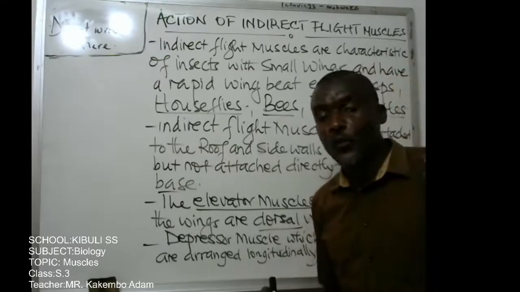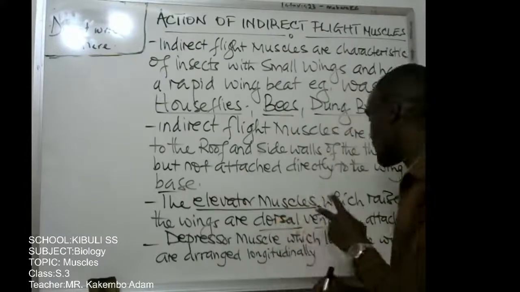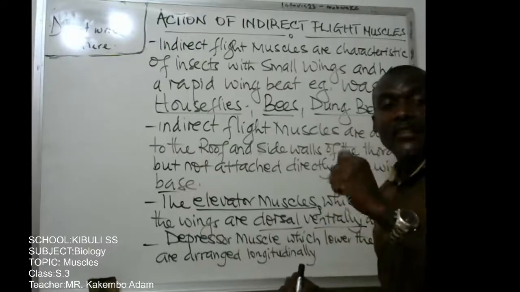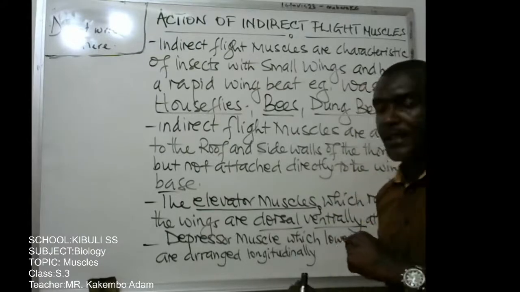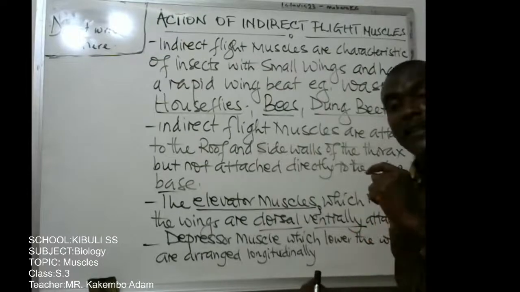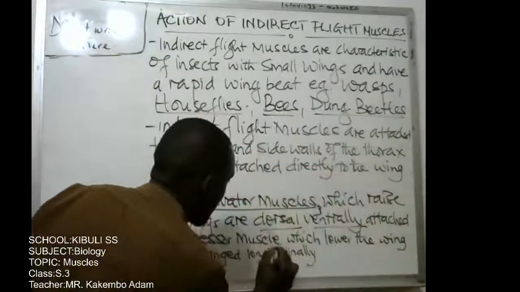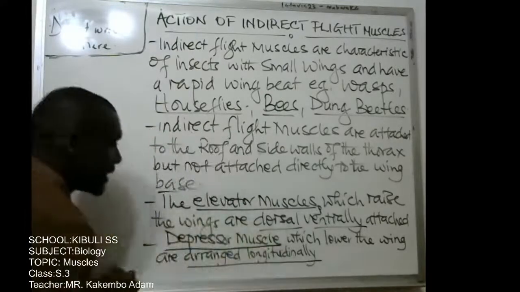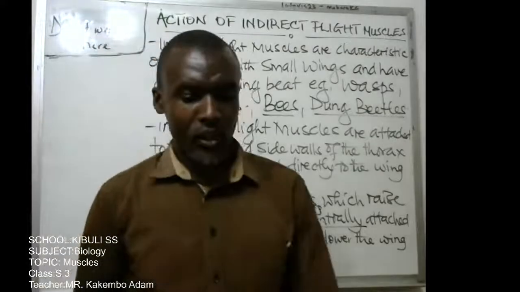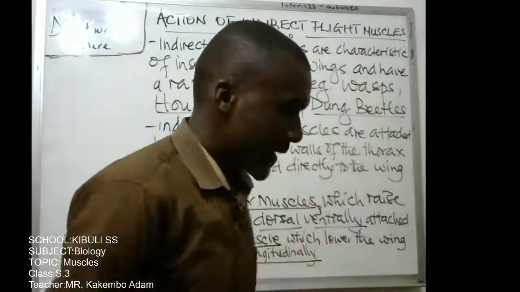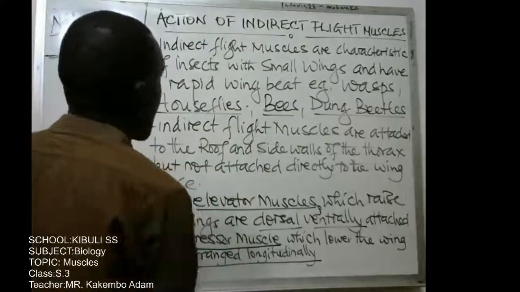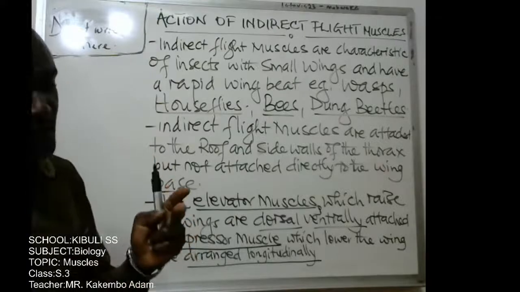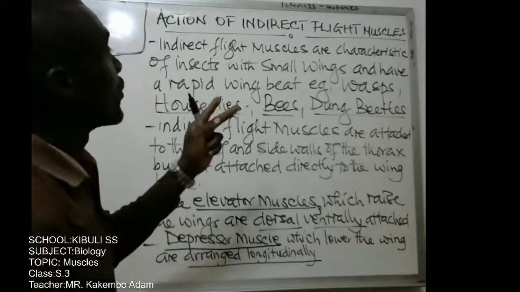There are two muscles there: the elevator muscles, which raise the wings, are attached dorsoventrally, and the depressor muscles, which lower the wing, are arranged longitudinally. You can have illustrations or simple drawings to show how those two sets of muscles are positioned in the body of those small insects.